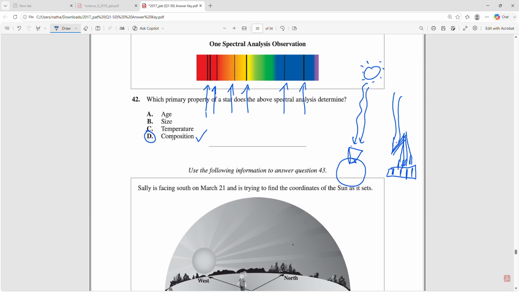Certain elements have been determined to use a certain wavelength of energy, and because it uses that wavelength of energy, it emits everything except for certain wavelengths, and that corresponds to particular atoms.